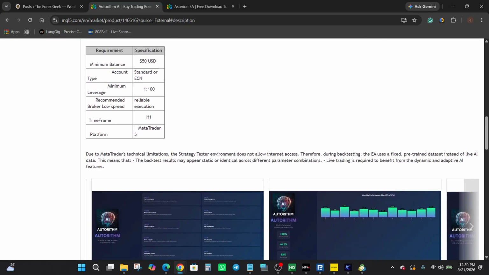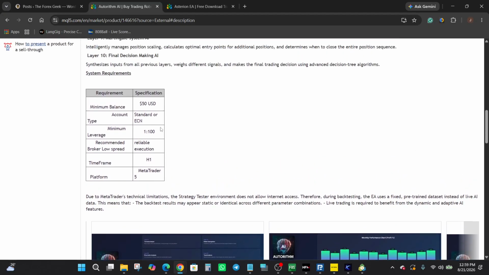Moving into the system requirements and recommendations, the developer lists a minimum balance of $50, support for standard or ECN accounts, and minimum leverage of 1:100. The recommended broker characteristics are low spreads and reliable execution, and the specified time frame is H1.